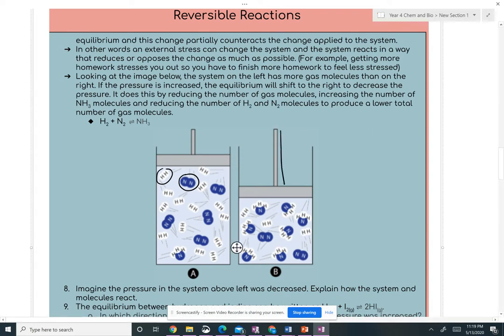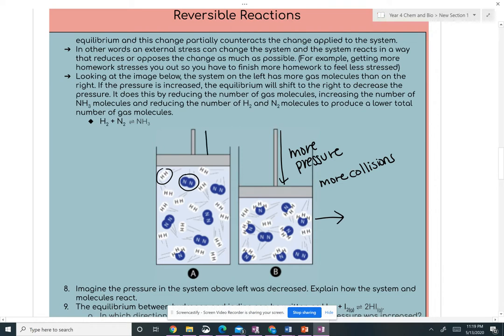That is what this arrow means. When we apply more pressure, we are pretty much forcing this reaction to happen because more of these molecules collide. If there's more pressure, there's going to be more collisions, and since there are more collisions, we promote the reaction. So basically, we drive this equation forward.